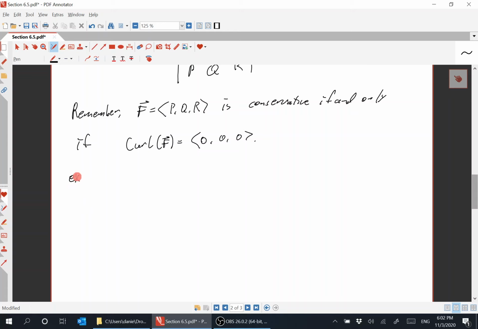So, for example, given f of x, y, z, the curl of the gradient field of f is equal to... well, it's the curl. What's that gradient field again? Let's take a look.